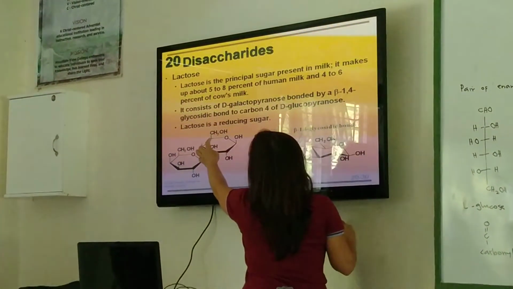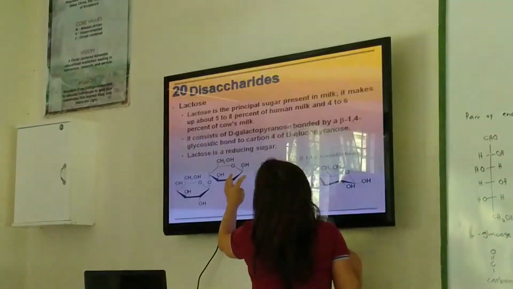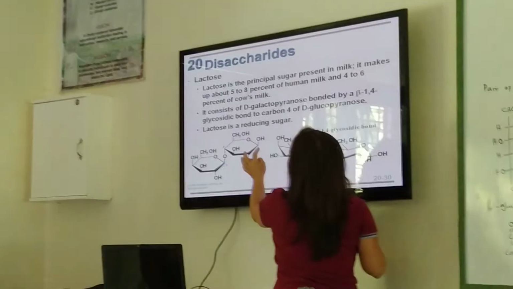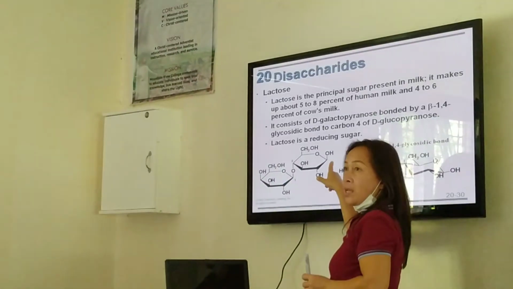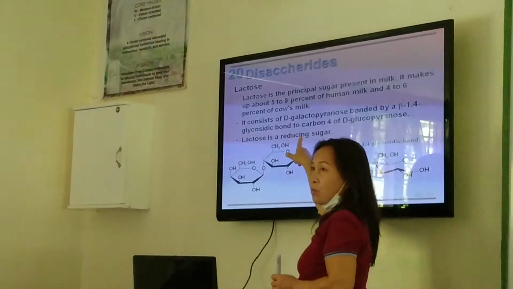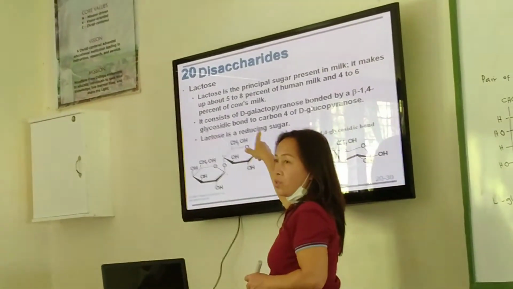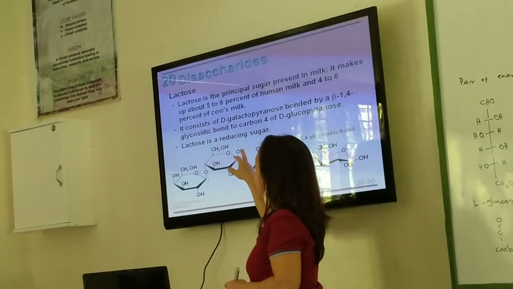C-O-C-OH. It's said to be free, and this hemiacetal will react with the oxidizing agent. That's why it's called a reducing sugar. So lactose is considered a reducing sugar because of its free hemiacetal group here.